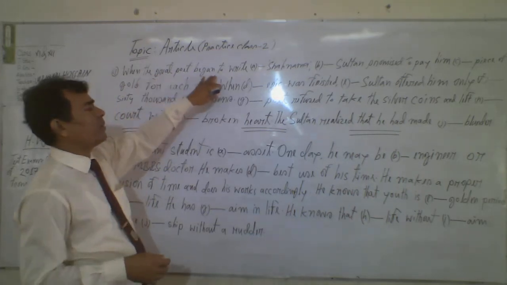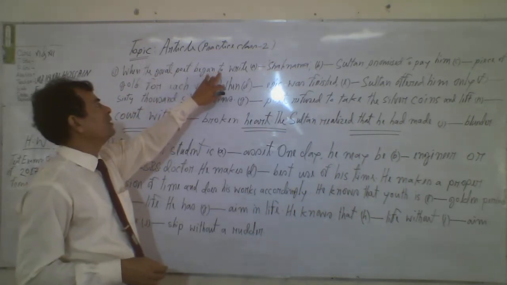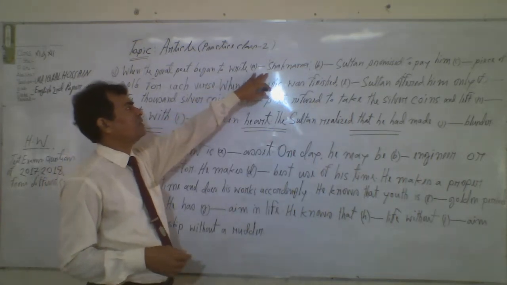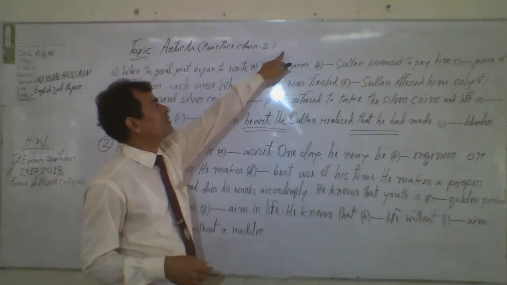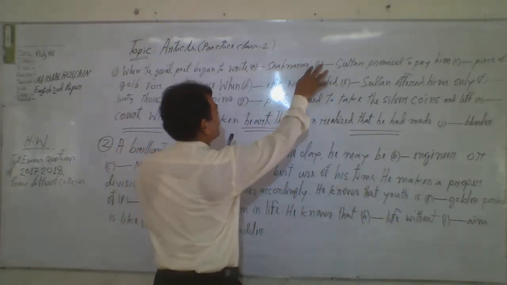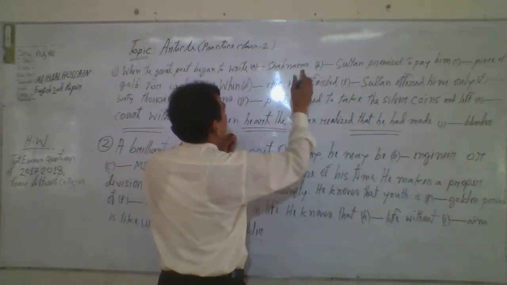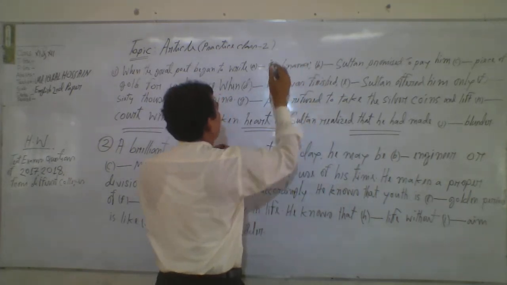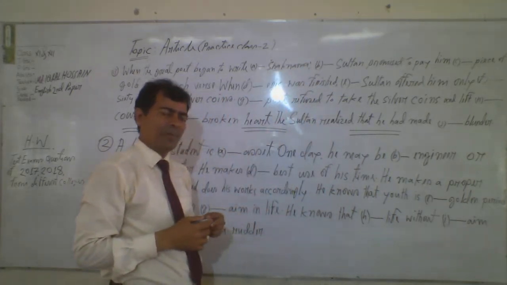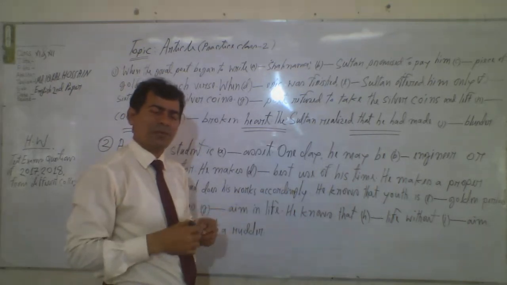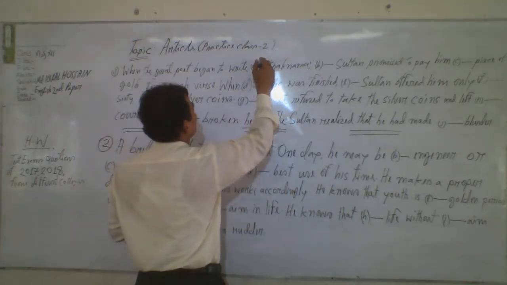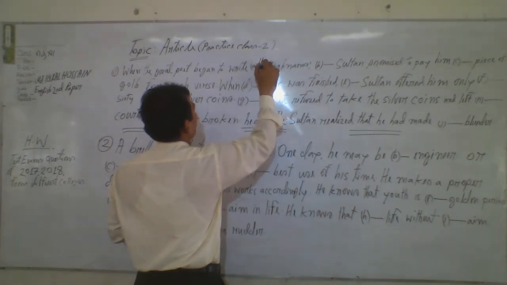When the great poet began to write Shahnama, she is a great, very famous, very great epic. So before any epic, we are to use the definite article. So I have used it here.